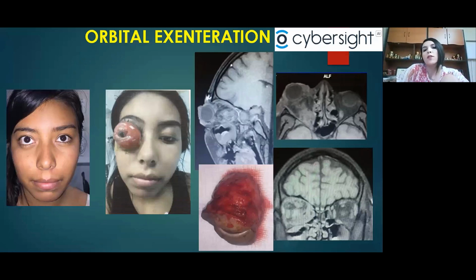corneal ulceration. And here we have the first resonance that we saw, and why we proposed to go in and get a biopsy.